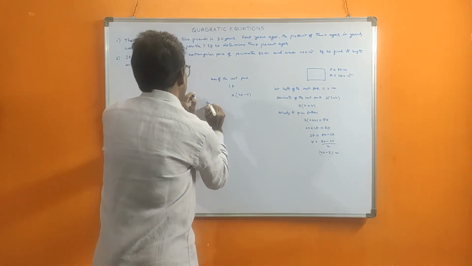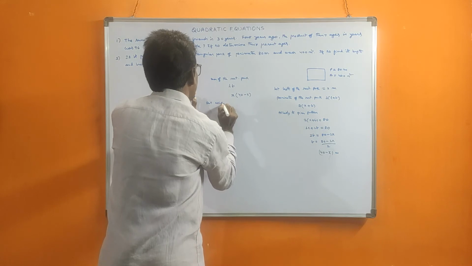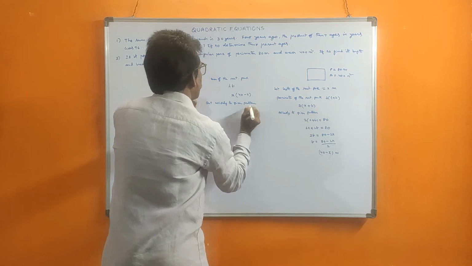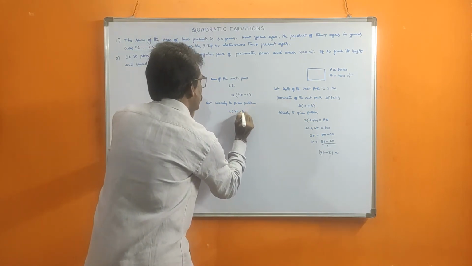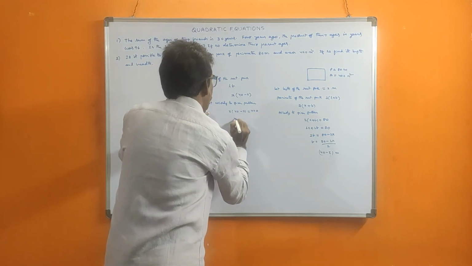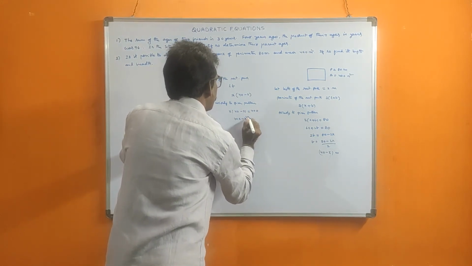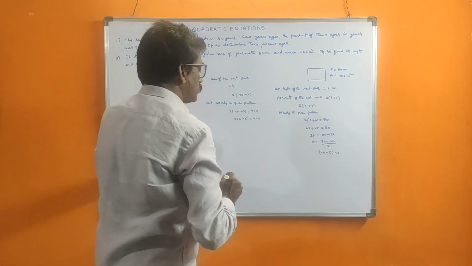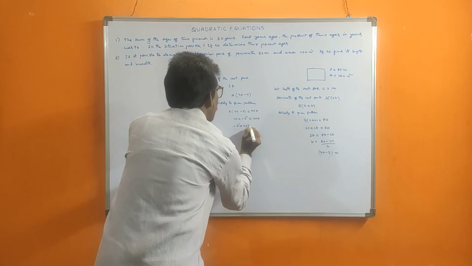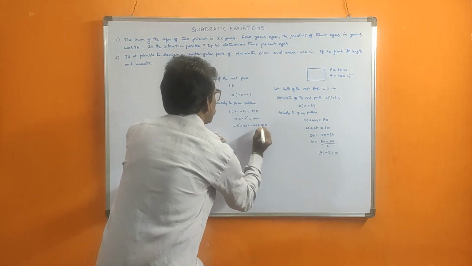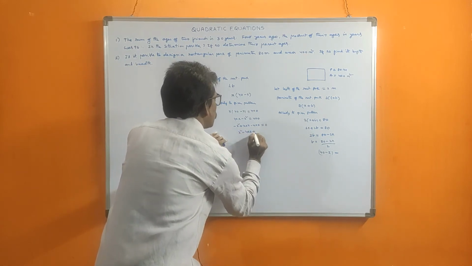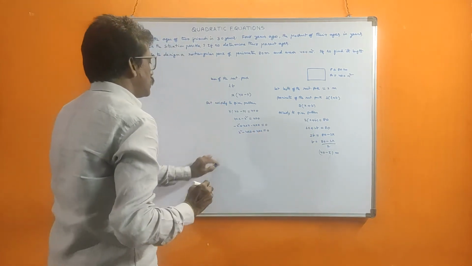But according to the given problem, this area is given as 400. So 40x minus x square is equal to 400. Now minus x square plus 40x minus 400 is equal to 0. Taking minus throughout, x square minus 40x plus 400 is equal to 0.